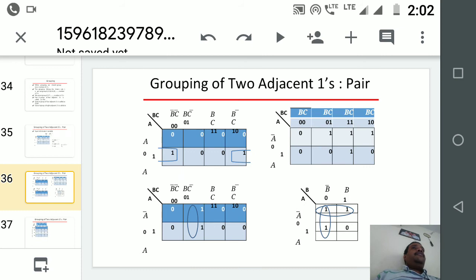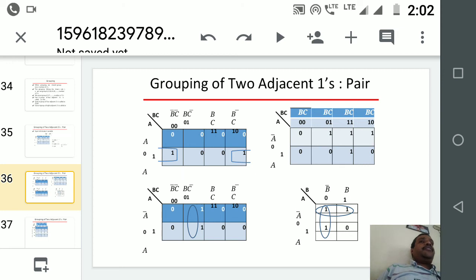This is the next example of the pair. How to make the pairs? You can make the pair like this, the last column. If you observe the second K-map, you can pair like this.